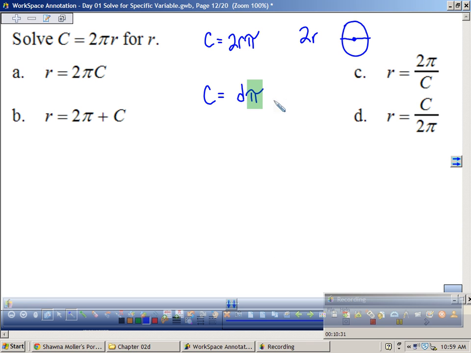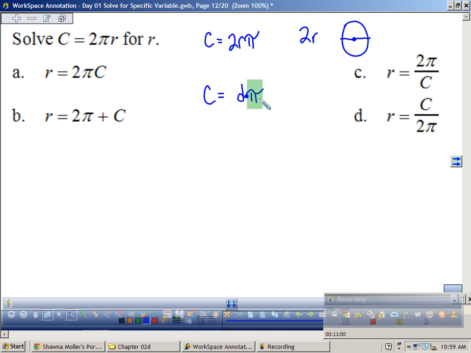Let's solve for pi. Pi and d are being multiplied. You can't. You divide. Because they're being multiplied. If they're being multiplied, how do you undo multiplication? Wait, but like 2 and R weren't being multiplied. Yes, they are. Well, no, like on the other problems. We'll go back and look at those.